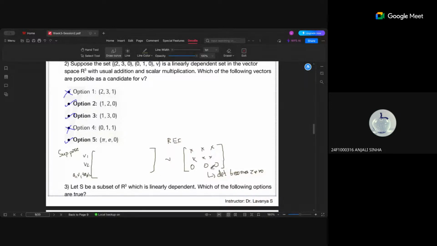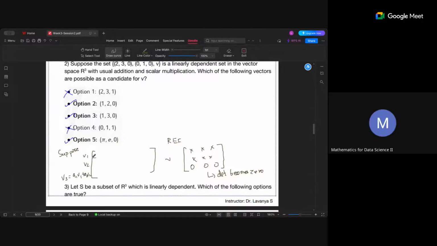When the determinant of this matrix becomes 0, the determinant of the original matrix is also 0. So if this determinant is 0, you know that these three, let us call this V3, these three vectors V1, V2, V3 are linearly dependent. That you can understand, right?